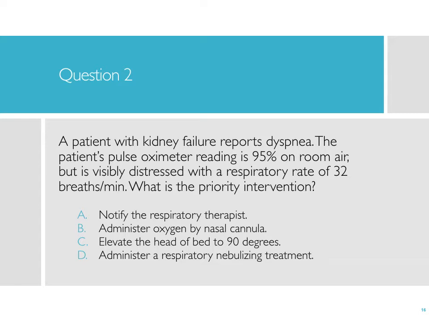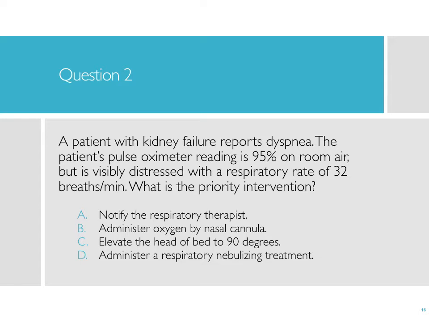A high oxygen saturation in an anemic patient who's showing signs of respiratory distress, they may still be hypoxemic. In other words, even though their saturations are fine, and we usually would say, oh, no big deal, they don't need any more oxygen, in this case, they don't have enough red blood cells carrying around that oxygen to adequately oxygenate the tissues.